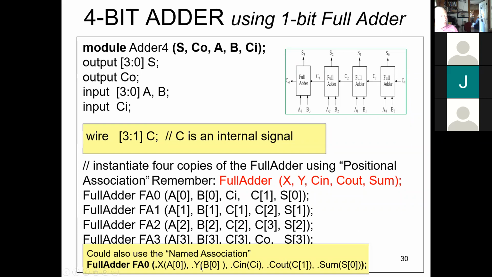This is the named association, and we call it the dot notation because there's a dot X, and this X is the original name in the module definition, and then this is the signal we want to associate with it, and so forth. And in this case, they've lined the named association up in the proper order, but you don't have to.